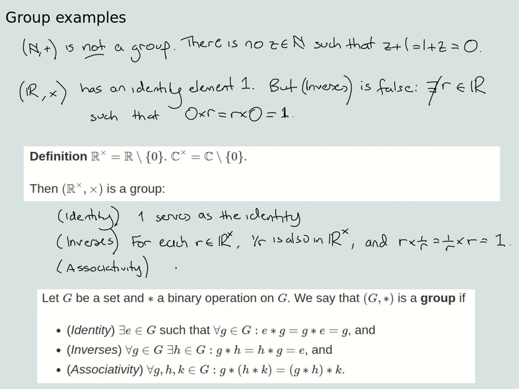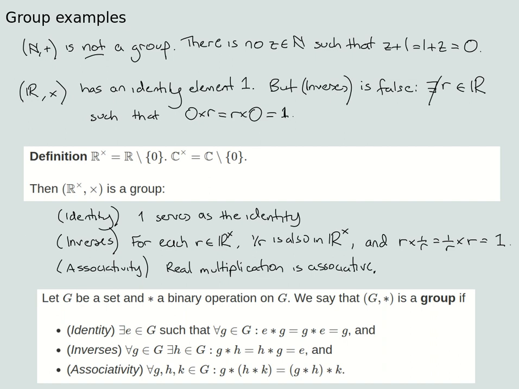Well, again, it's just a fundamental property of real number arithmetic that real number multiplication is associative. Okay, we've checked all three axioms, so the non-zero real numbers together with the binary operation of multiplication do form a group. And similarly, the set of non-zero complex numbers, C times, is also a group under multiplication.